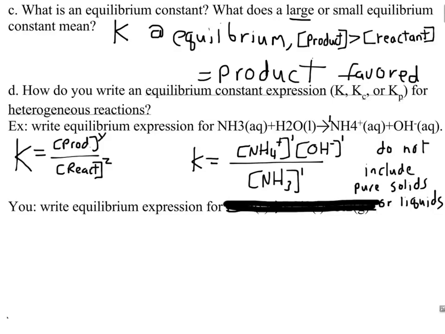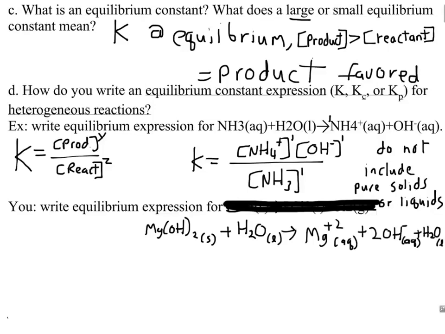Here's another example. Write the equilibrium expression for the milk of magnesia reaction you just saw. Sometimes in this equation the water is written over the arrow. I'm writing it on both sides so we can practice leaving it out. So we're going to have both products raised to their coefficients.